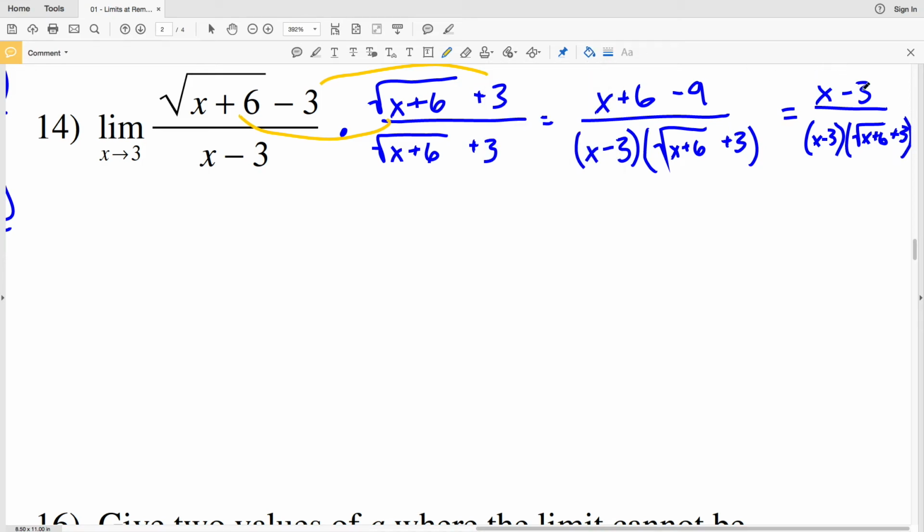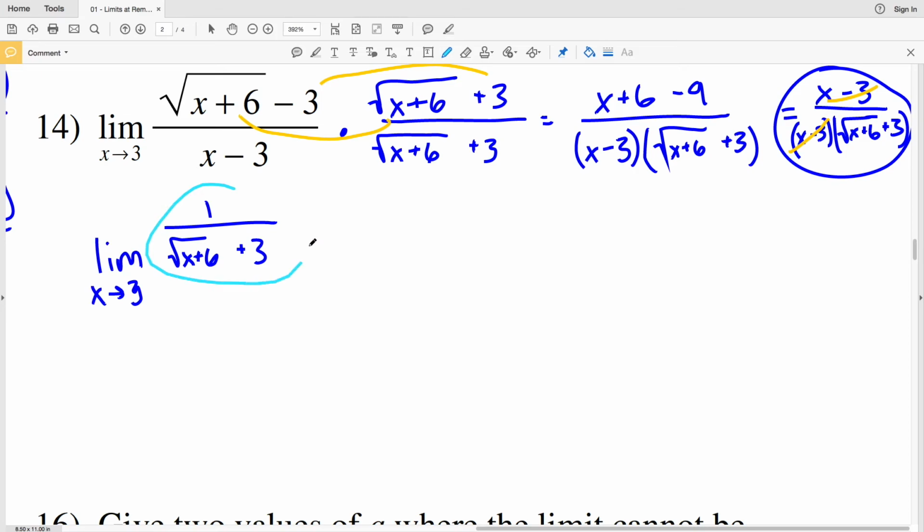So you can see that x minus 3 cancels out with x minus 3 to give me that the limit as x approaches 3 of 1 over the square root of x plus 6 plus 3. So the limit of this new function as x approaches 3 is equivalent to the limit of my original function as x approaches 3.